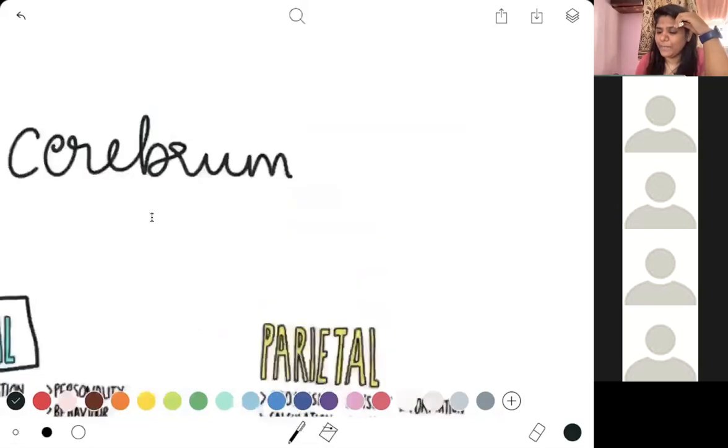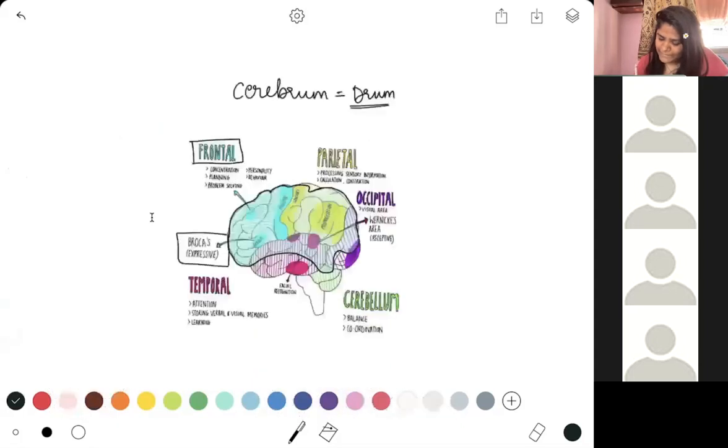So the bigger part, the drum part of your brain, which is on the top, is called cerebrum. And then what you have at the bottom here, this is the region that is called cerebellum. Am I making sense? This part is going to be your cerebellum. So you have cerebrum and you have cerebellum.